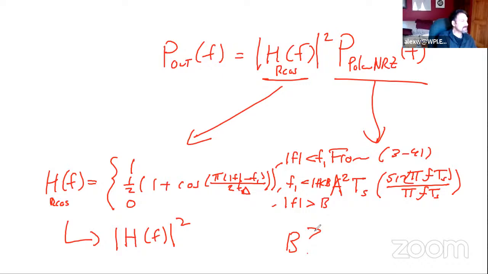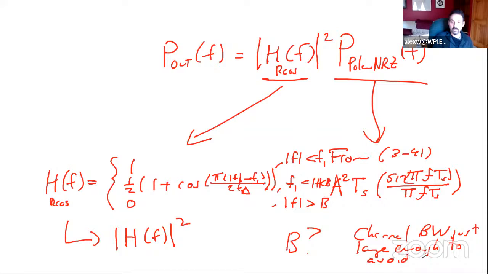All the question asked us, and you're probably going to get the exact same questions, right, is the channel bandwidth, okay? So channel bandwidth is just large enough to avoid ISI. Okay, so that's going to be really important.